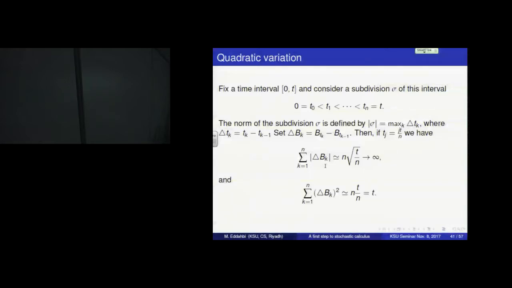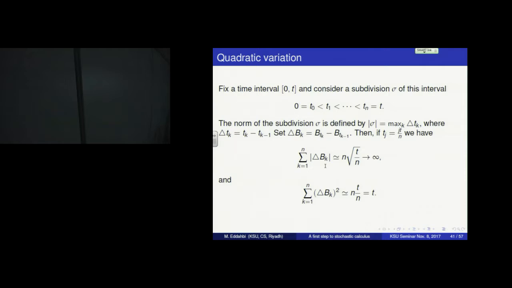So intuitively, this difference is of order square root of delta t. Sorry, this spot does not work very well. So this difference here is of order square root of t over n, right?